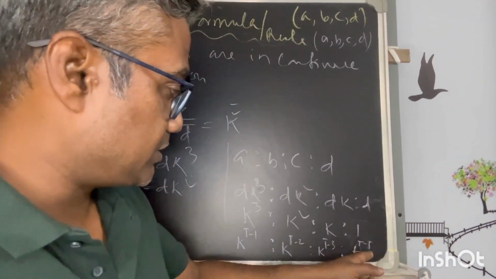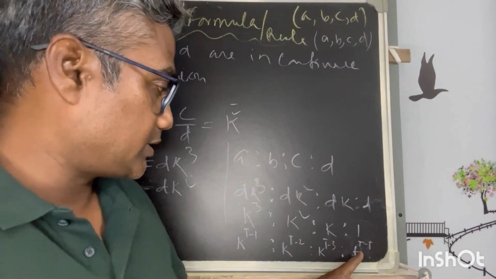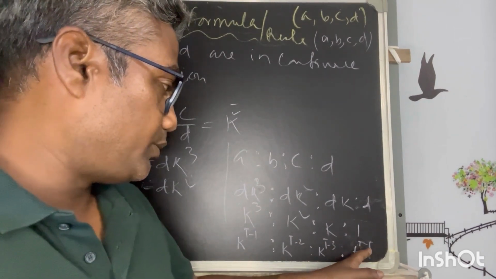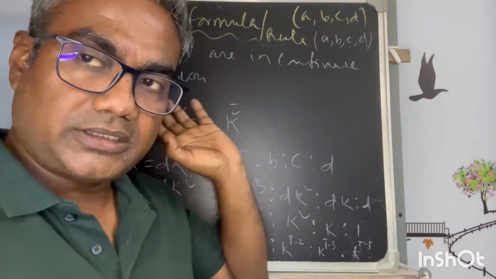Any power which is equal to 0 will give you 1. So the k power will go up to t minus t, the maximum number of terms.